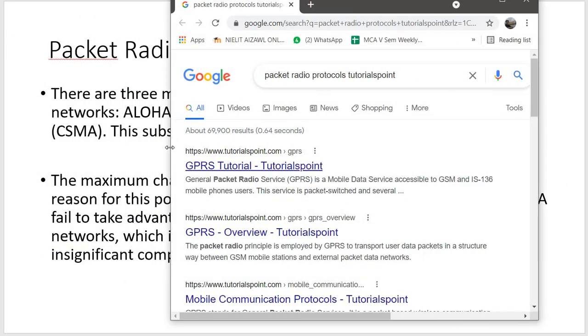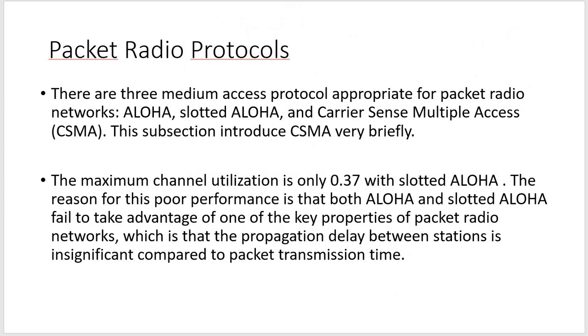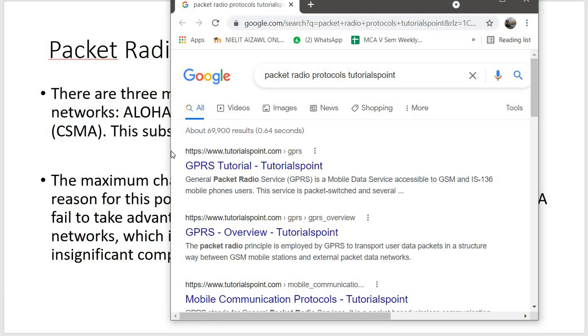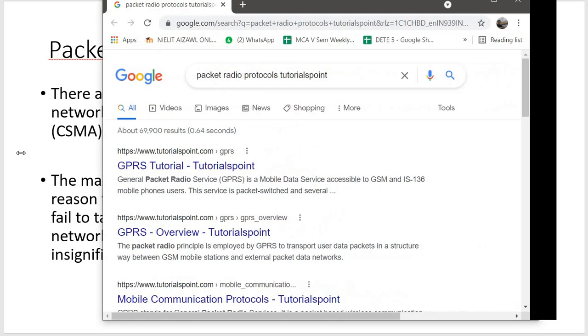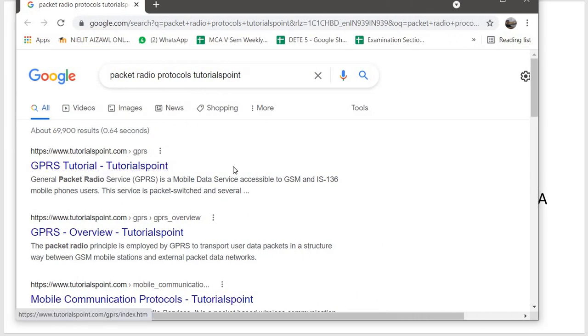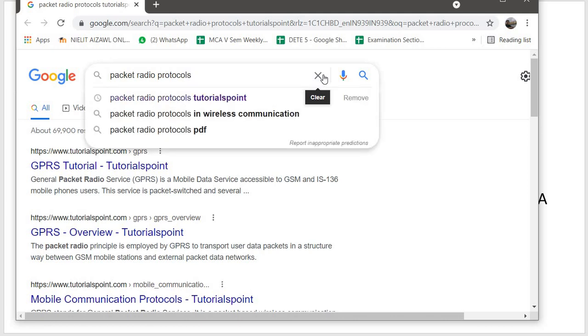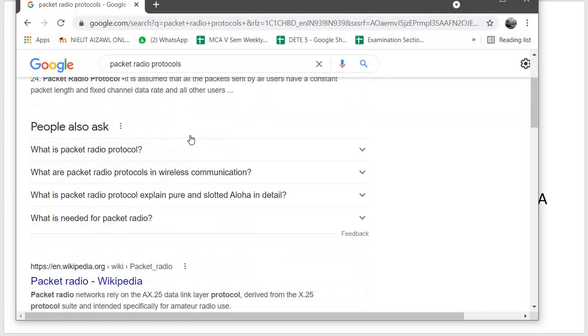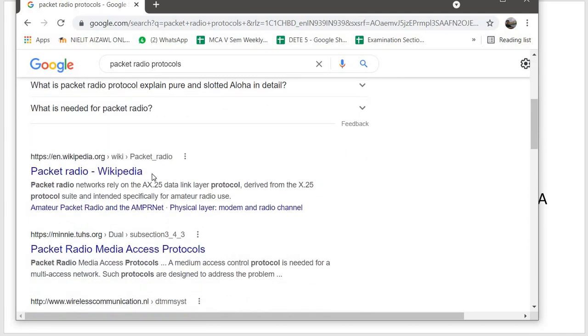Let's see from here in Google. Okay, all those things are the common packet radio protocols.